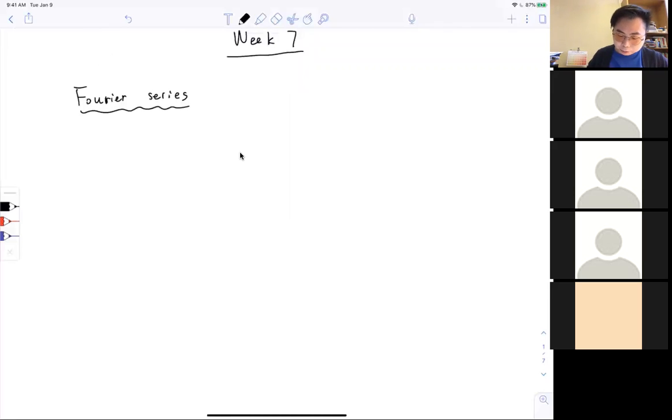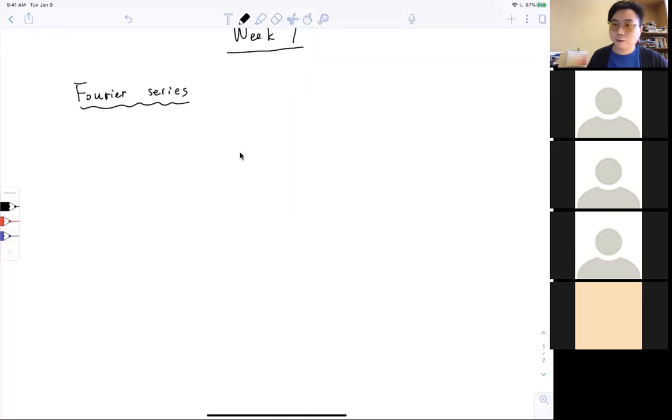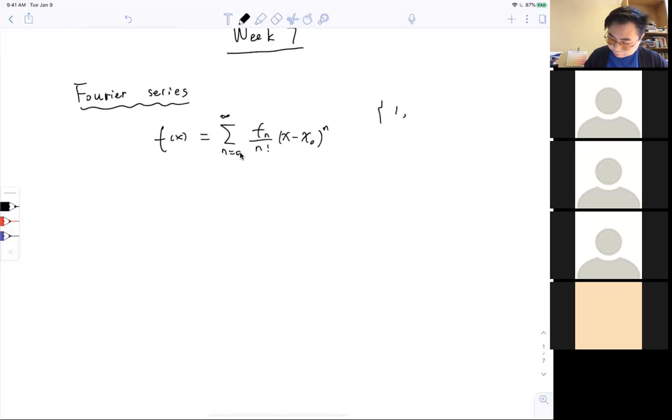Basically, it's another way to explain periodical functions. So we learned in calculus, any function can be expanded using Taylor series, with some coefficients and x^n, or if you want to expand around a specific point x naught, then something like this. So in this case, you're choosing the basis as 1, x, x squared, and so on.